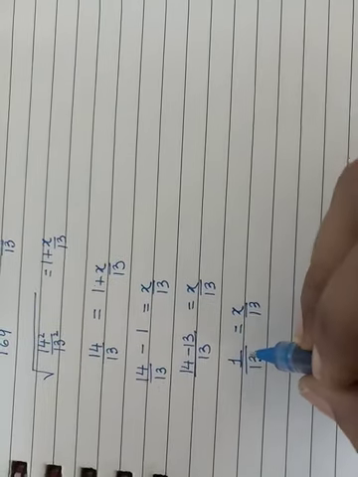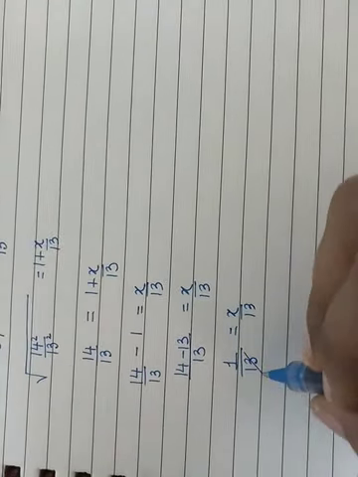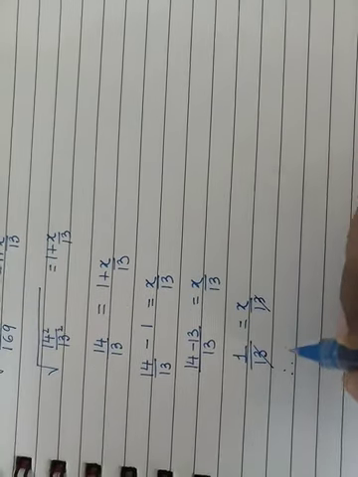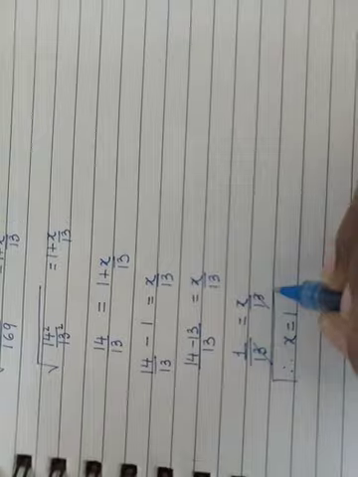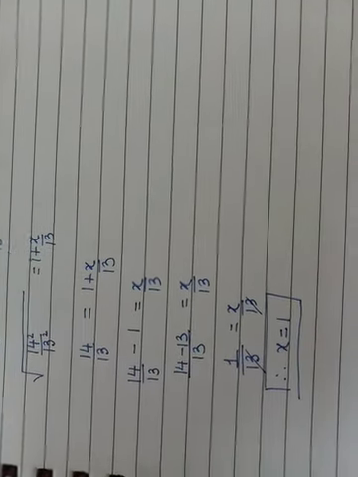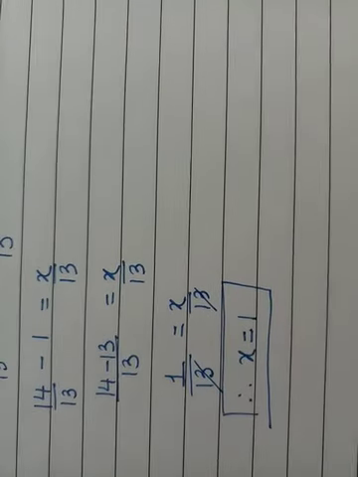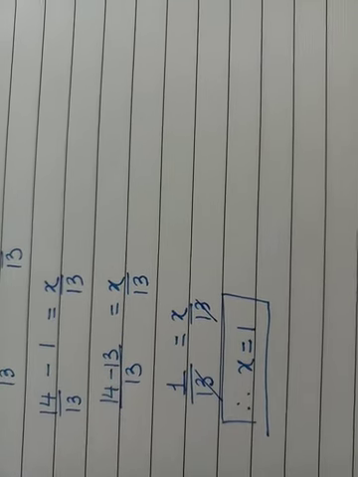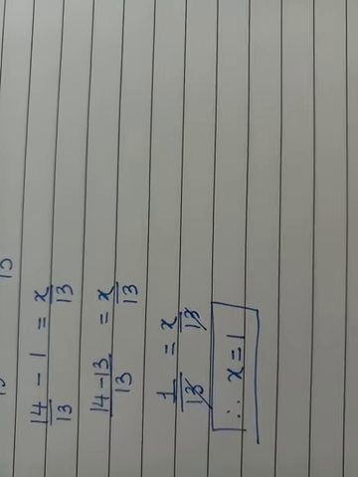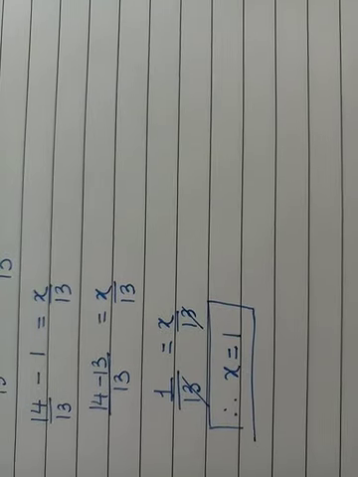This way 13 gets cancelled from both the sides. Therefore x is equal to 1. We were looking for the value of x, that is 1. Hope you have understood question number 6, those who had a problem in that question.